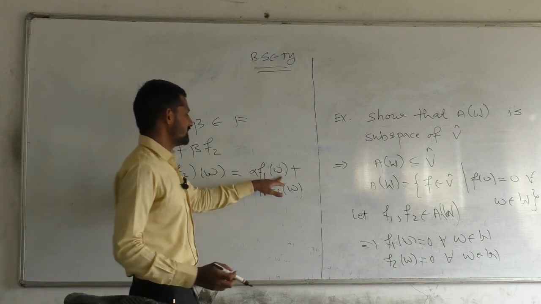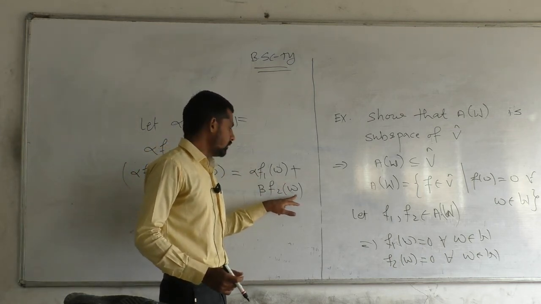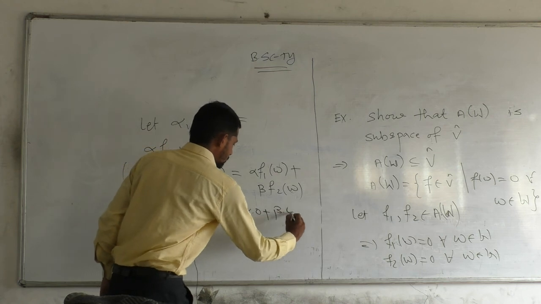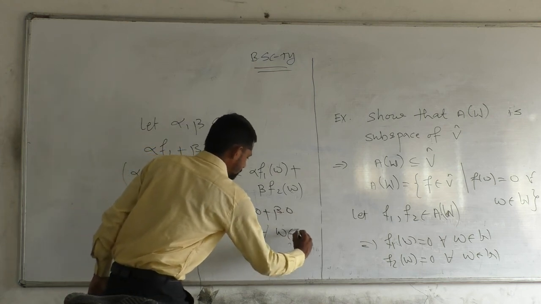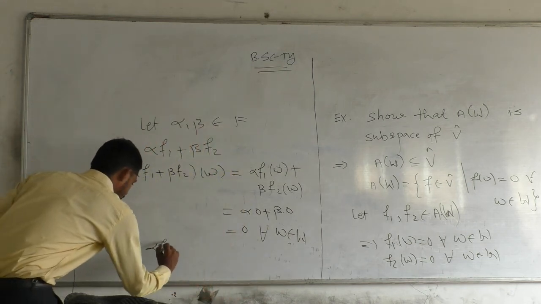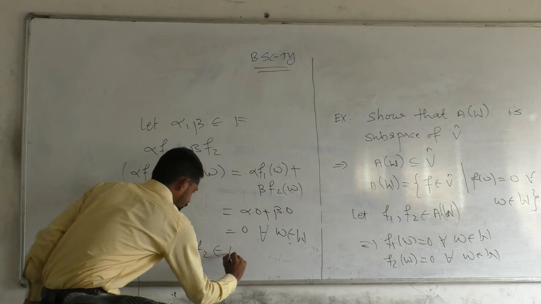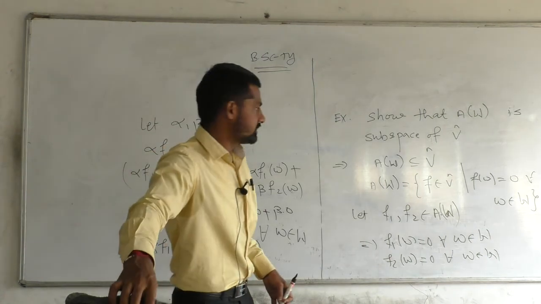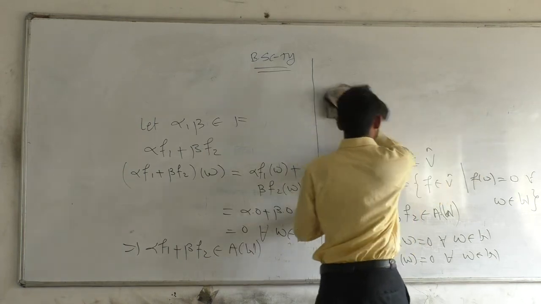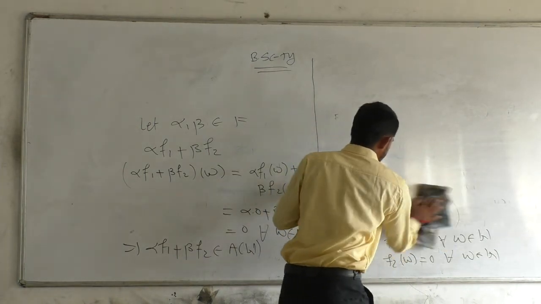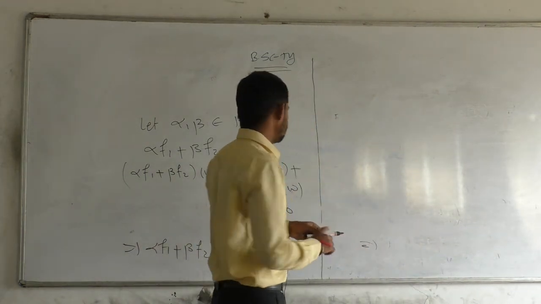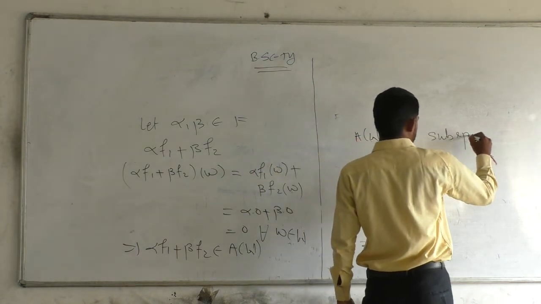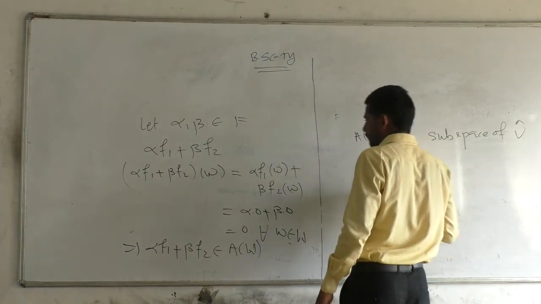But we know that f1 of w is equal to 0 and f2 of w is equal to 0 for all w belongs to the subspace W. Therefore, alpha into 0 plus beta into 0 is nothing but 0 for all w belongs to W. This implies that alpha f1 plus beta f2 belongs to A of W. If this linear combination goes to A of W, this shows that A of W is a subspace of V dual.